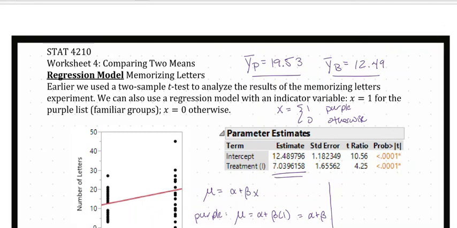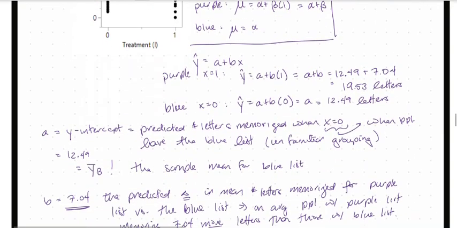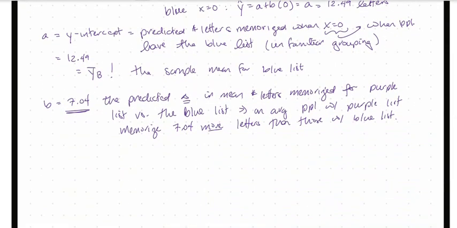Well, when we went from the blue list to the purple list, on average, the change was an increase of 7.04, right? When we did y bar p minus y bar b, that difference was that same 7.04 letters. Let's do one last thing. We had y bar p was 19.53.